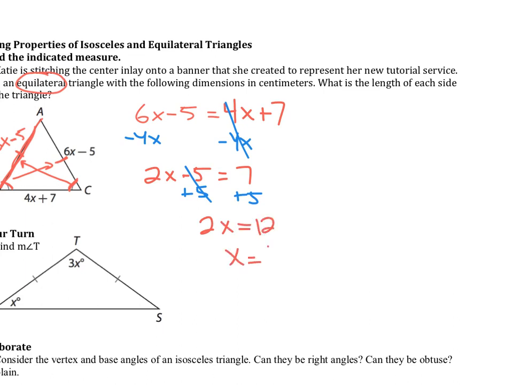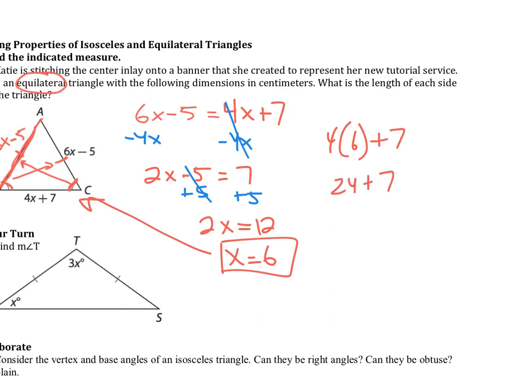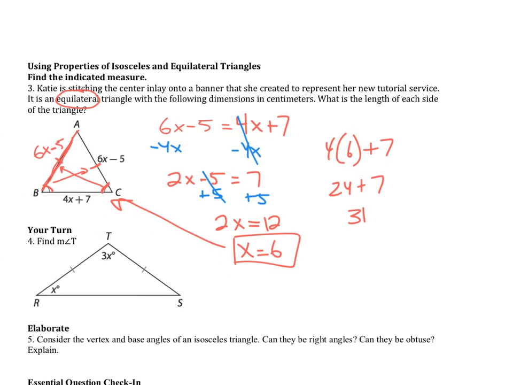And then x equals 6. Now, since x equals 6, we need to substitute that back in. So 4 times 6 plus 7 is 24 plus 7, or 31. And do we have any units? In centimeters.